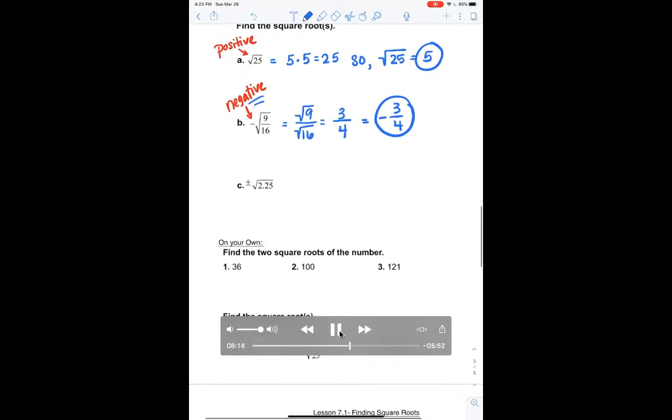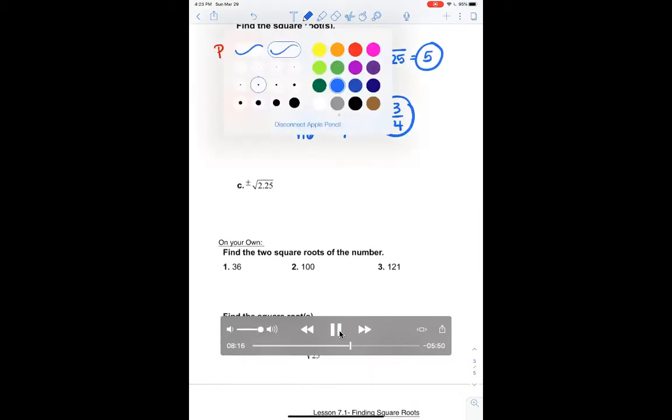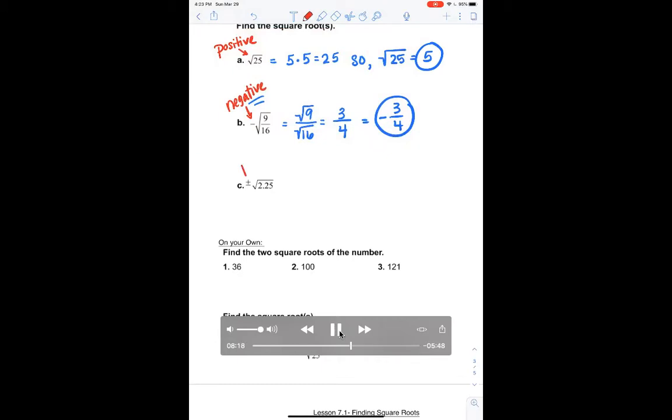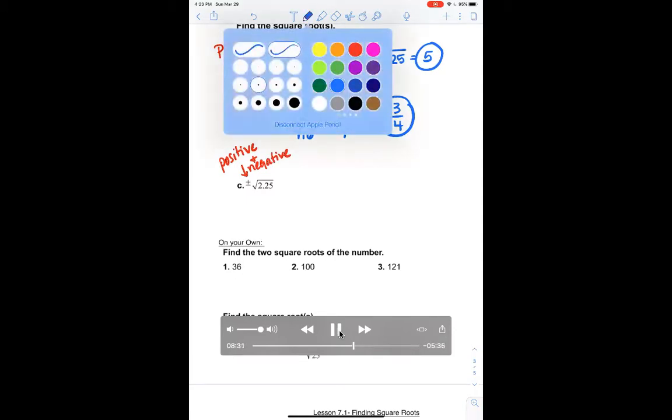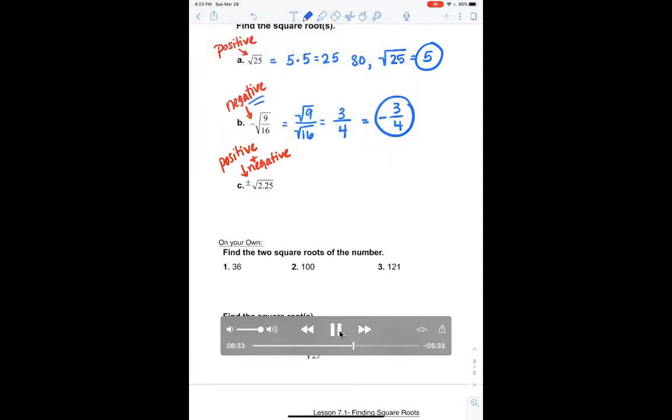In letter C, look what's in front. I have a positive and negative, okay? Ese es el signo que te va a decir que la respuesta tiene que ser los dos, positivo y negativo. So now the only thing that I'm thinking is, 2.25. ¿Cuál número multiplicado 2 veces me da 2.25?